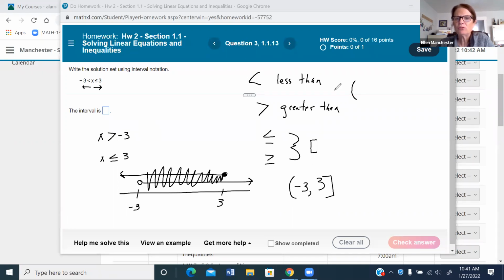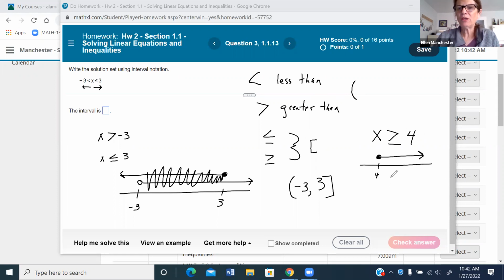Make sure you note when to use the parenthesis and when to use the bracket. If you had an equation that looked like this, X is greater than or equal to, say, 4, on a graph it's going to look like this. Here's my 4. It's including the 4, and it's all the values greater than 4.